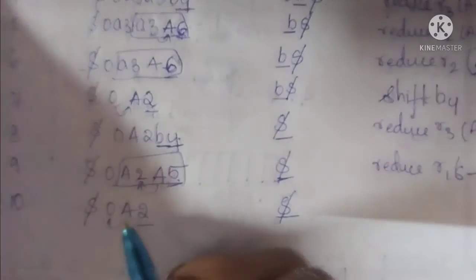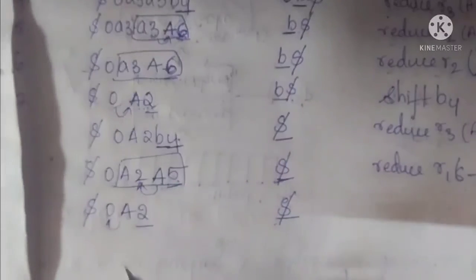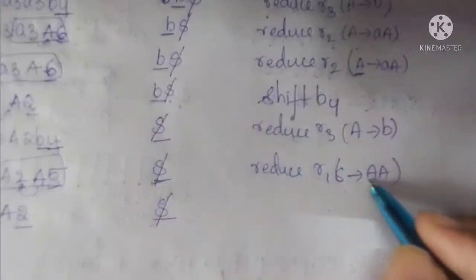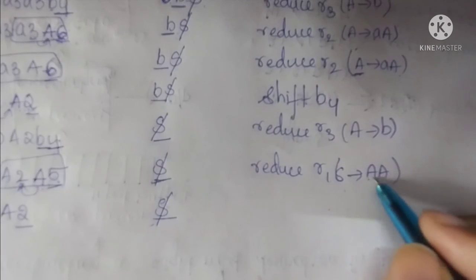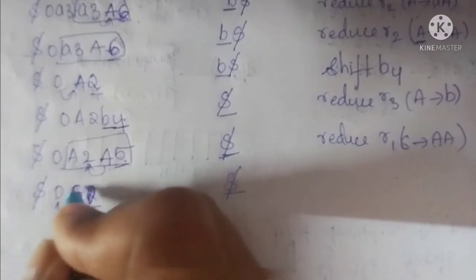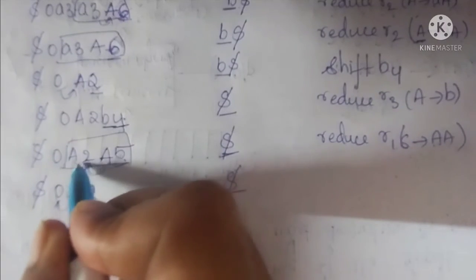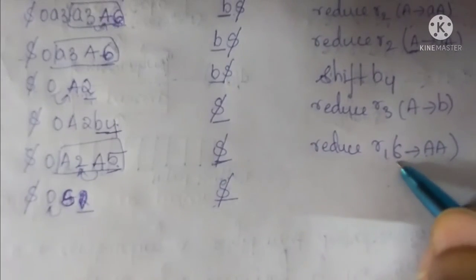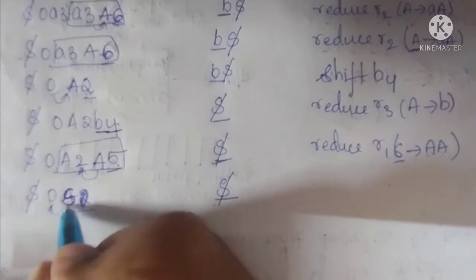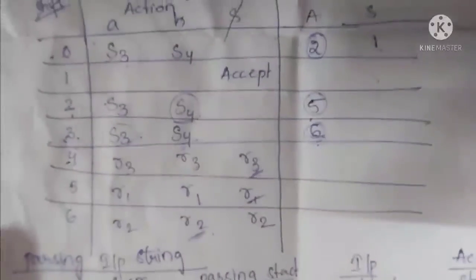From I0 to A. So see here, A is A we are substituting, in the place of AA we have to substitute S. Here it will be S, not A. Okay, in place of A and A we are reducing the operation with S. So write here S. Now check I0 to S: where it is going, I0 to S, it is going to 1.